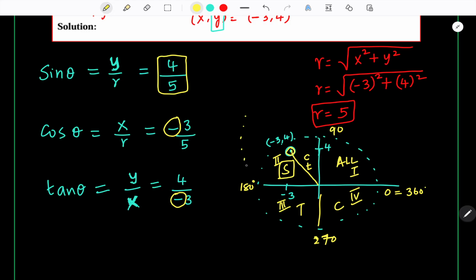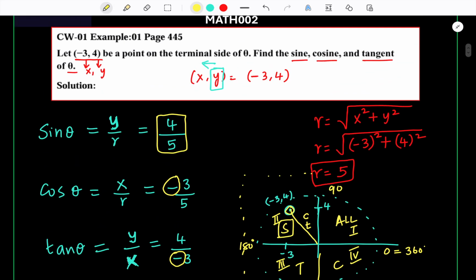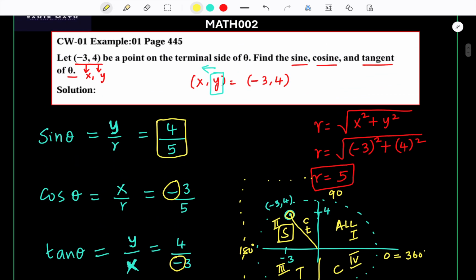So in this way you can also check whether your answer is correct or not. But this is not necessary because the rule is very simple: y by r, x by r, and tan theta is y by x. Clear? In this question, they didn't ask for all 6 trigonometric ratios, just 3. But most of the time in exams, they will ask 6.